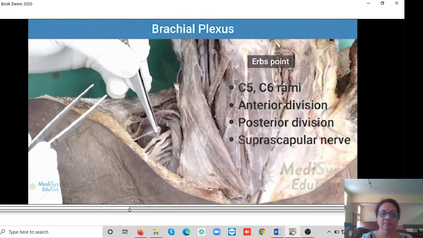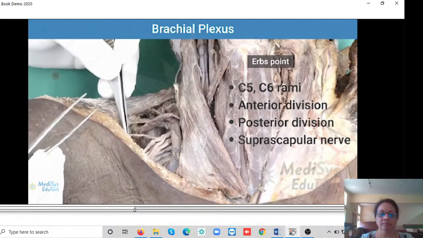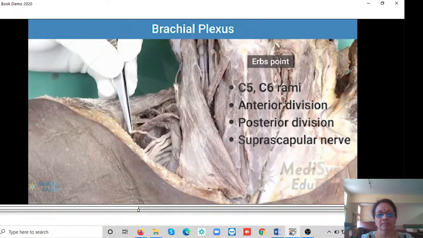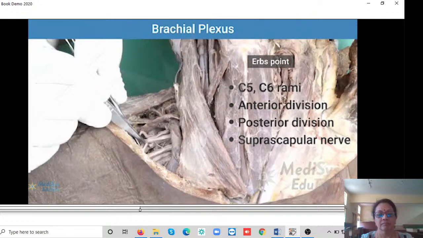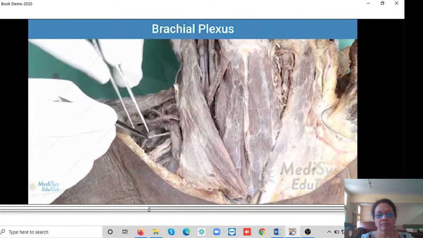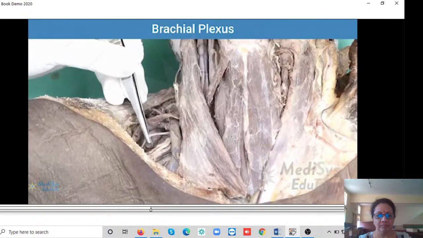This is the suprascapular nerve which passes behind to the scapular region to supply infraspinatus and supraspinatus. The second branch from the Erb's point is nerve to subclavius. This will supply the subclavius muscle. Other nerves encountered in posterior triangle are the dorsal scapular nerve.